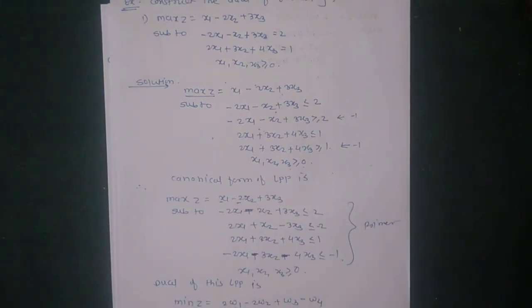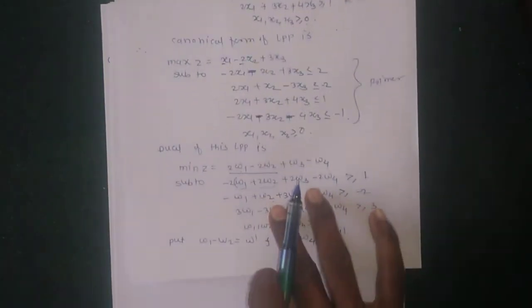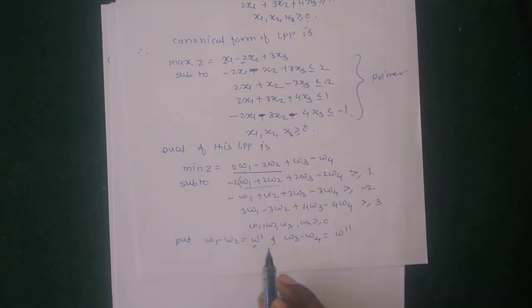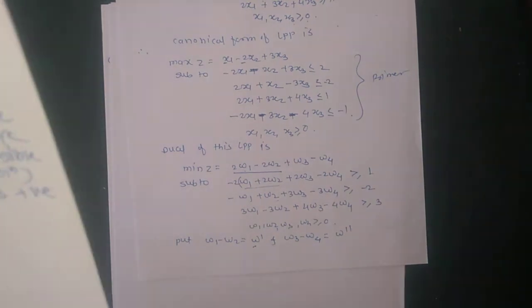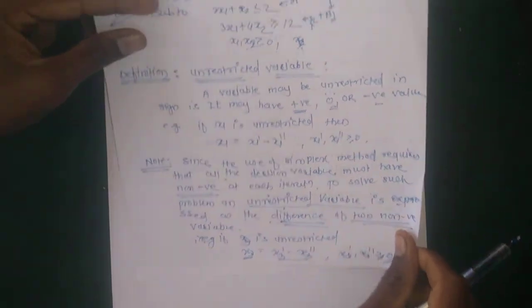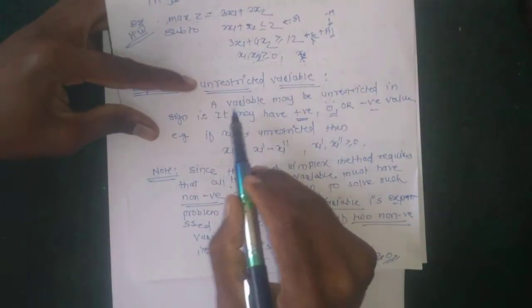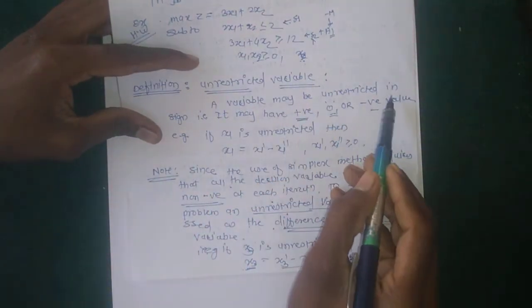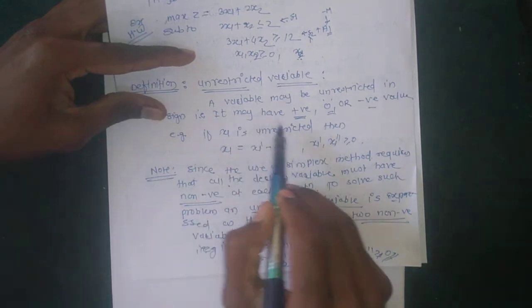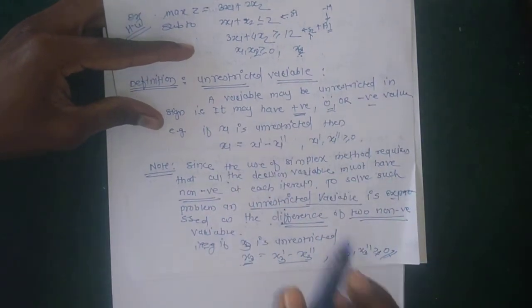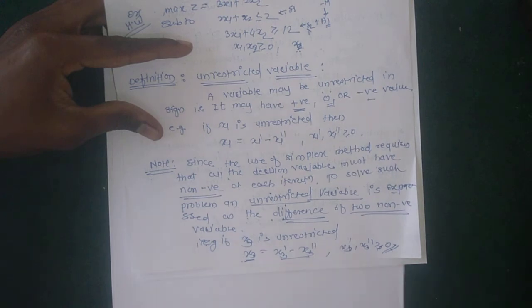Here w dash is a difference of two non-negative variables. The definition of an unrestricted variable is that a variable may be unrestricted in sign, that is, it may have a positive, negative or zero value, so its value is not necessarily greater than or equal to 0.